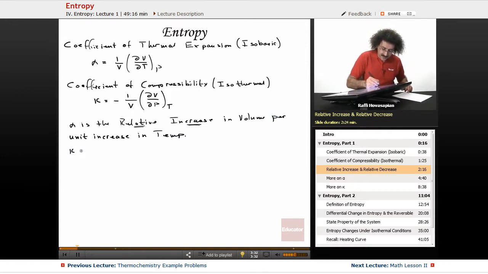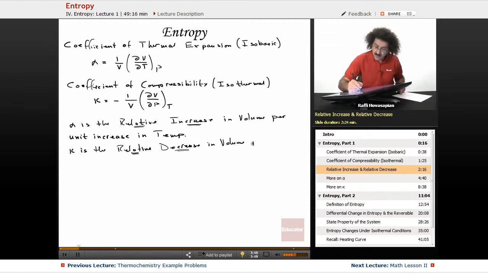Kappa is the relative decrease in volume per unit increase in pressure.